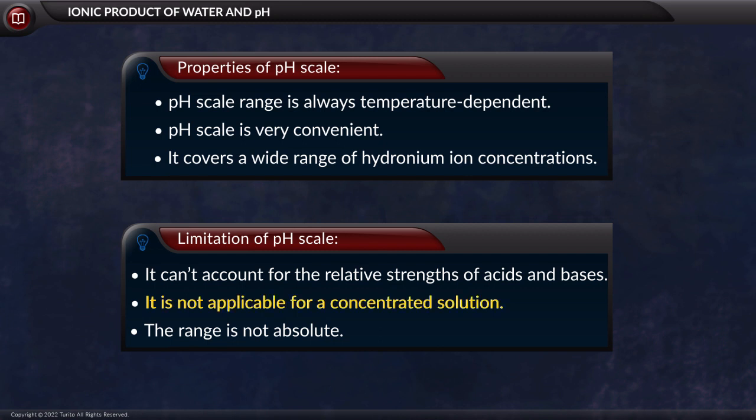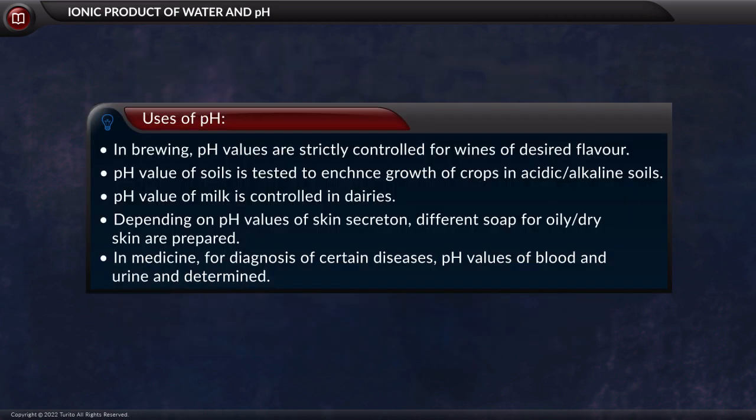As for acid, the value will come in negative, while for the base, it will come more than 14 at 25 degrees Celsius. Thus, we can say that the range is not absolute at a given temperature. Finally, uses of pH are in brewing for salt quality check, for milk quality analysis, in soap industry, as well as in the medical field.